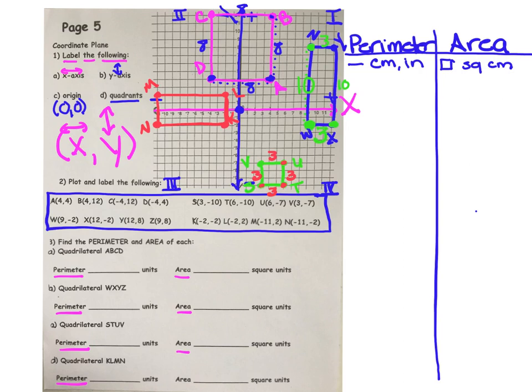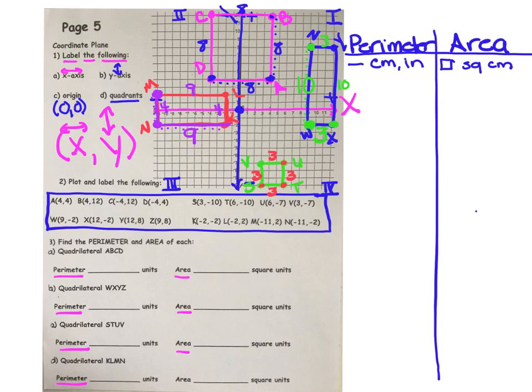As we look at this particular figure, this edge from N to K is 1, 2, 3, 4, 5, 6, 7, 8, 9 units long. And if we look at the width, say from N to M, this side is 1, 2, 3, 4 units long. So let's label the other sides.